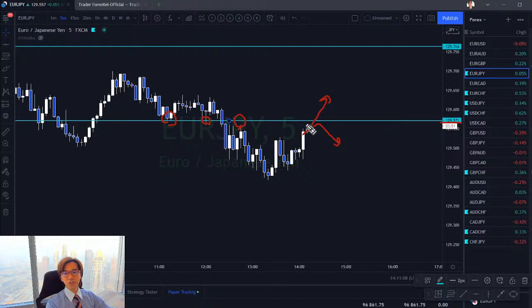That's why in this condition, I wait until the market breaks that level. We'll monitor this chart until the end of this live stream today while watching other pairs, and come back to this chart maybe 20 minutes later and see if it breaks or not. If it breaks, then I will look for an entry chance then.